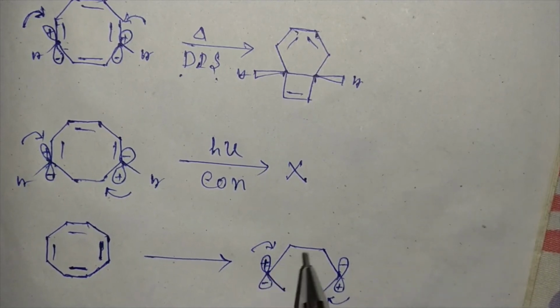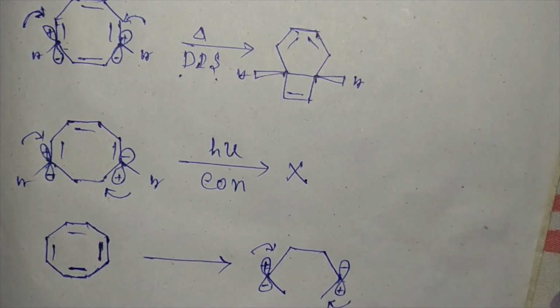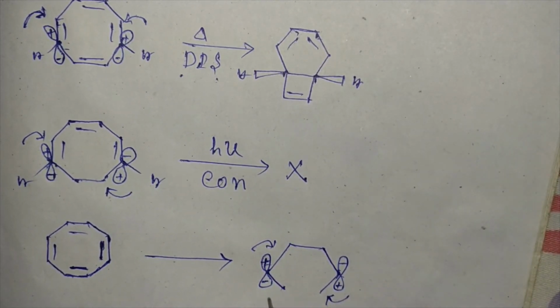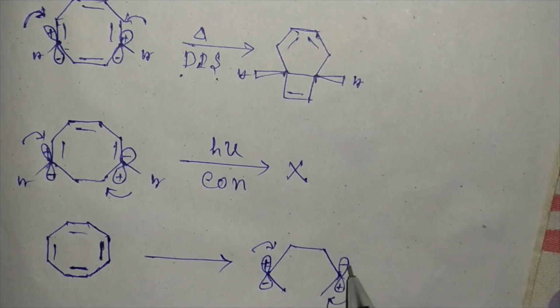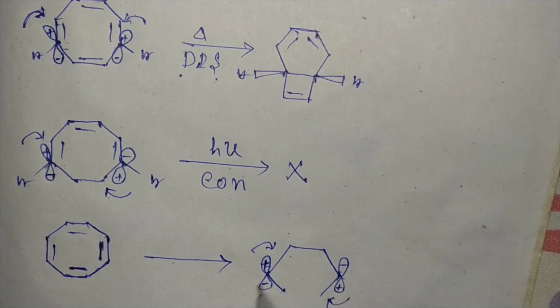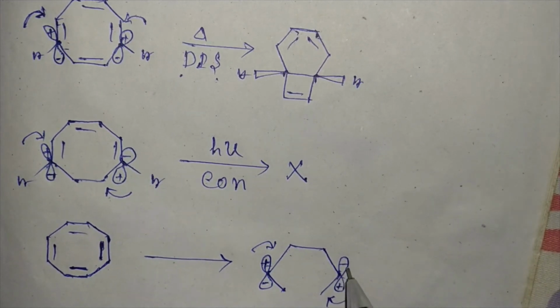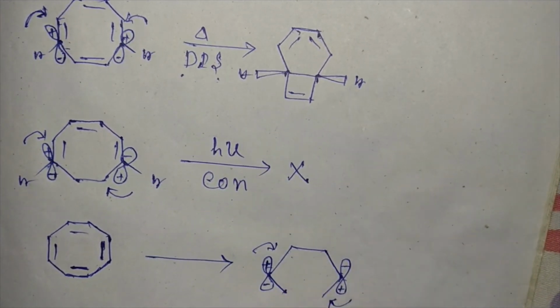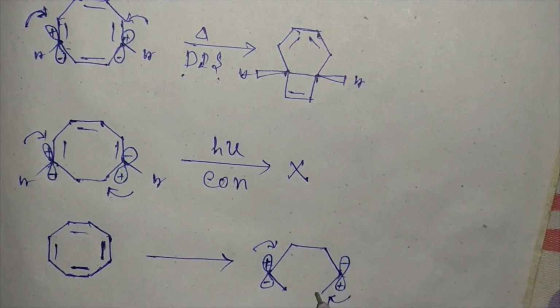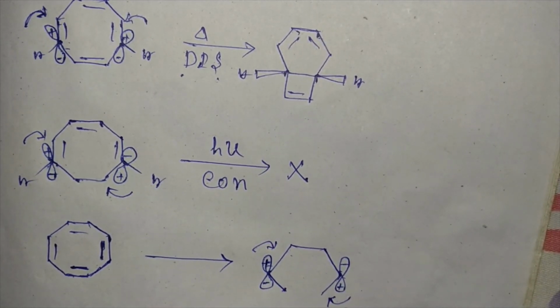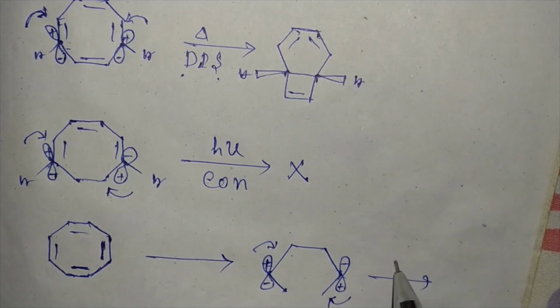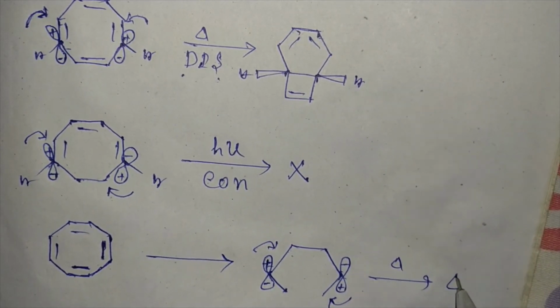So one will go downward and one will go upward, and we have here both carbons. So this interaction will not happen. For thermal condition, the reaction will not form product.